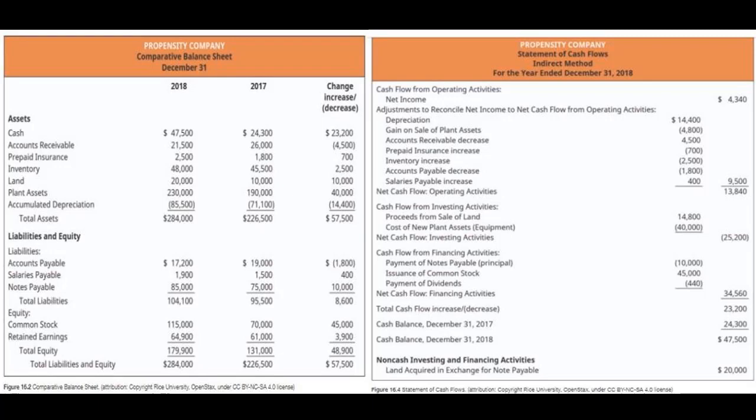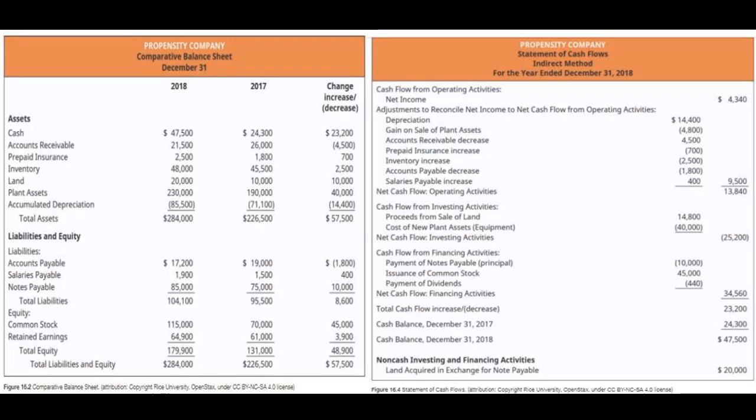The bottom line is, when you are creating a cash flow statement, by and large, you are using the balance sheet, such as the one that you see in figure 16.2, to help you calculate the numbers that you then use to create your statement of cash flows in 16.4.